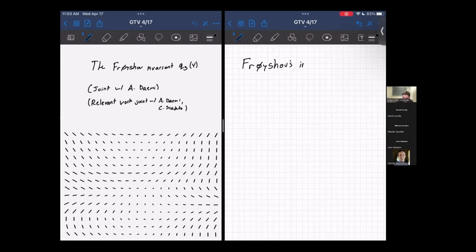The invariant I'm going to talk about today is a certain analog of Froyshov's correction term, or h invariant, for integer homology spheres.